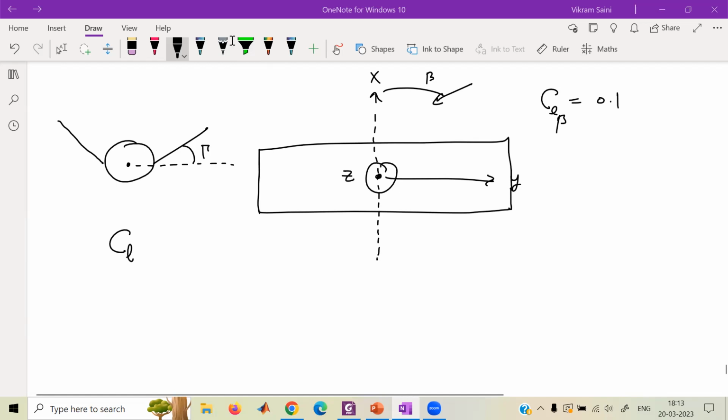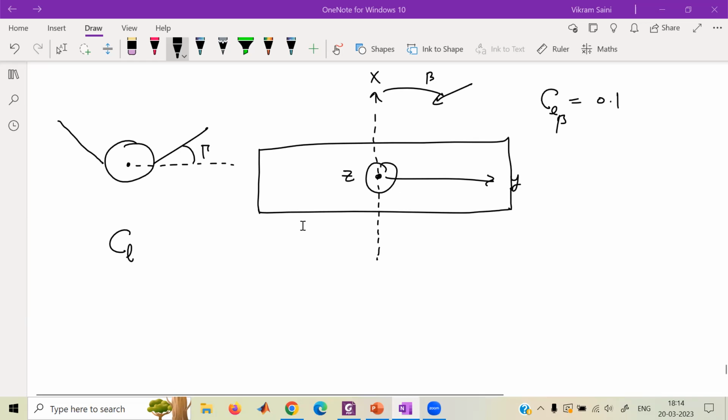Okay. Om? Rupinder? Yes, sir. CL is the coefficient of moment about which axis? X, Y, or Z? CL, yeah, the coefficient of lift it is, but you are asking about the axis.